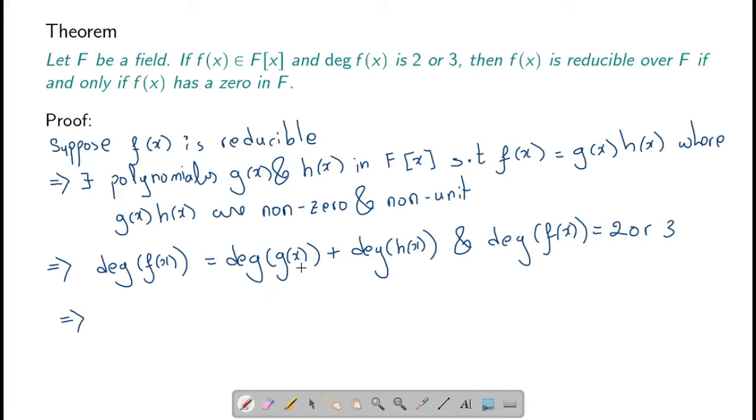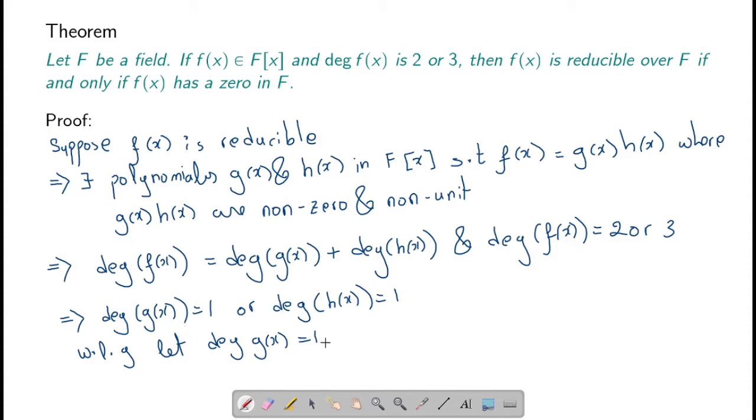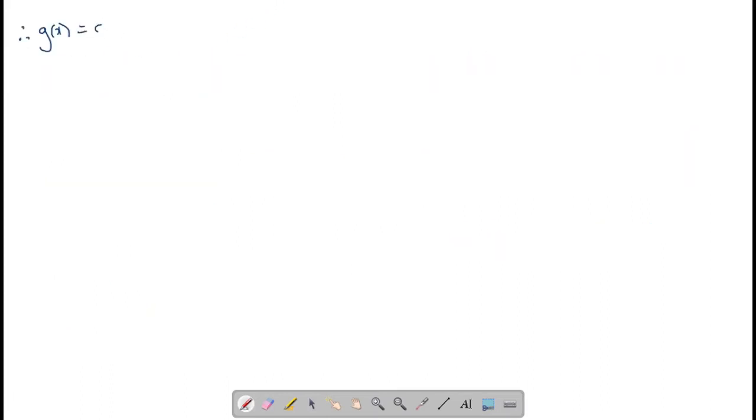Since the degree of g(x) and h(x) cannot be 0, it means that one of these polynomials, that is either g(x) or h(x), should be of degree 1. Let us say that the degree of g(x) is 1. Okay, so since the degree of g(x) is 1, we can write g(x) as some ax plus b, where a and b are in the field.